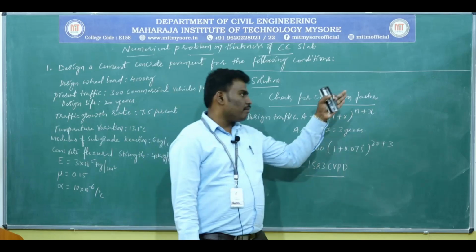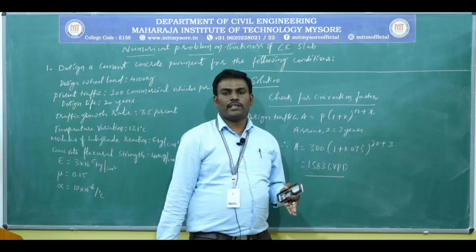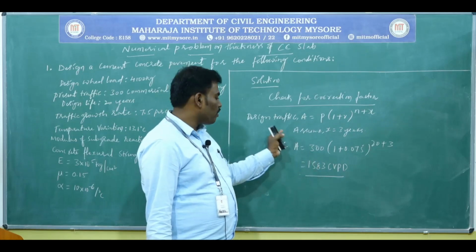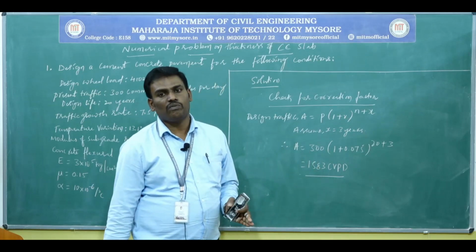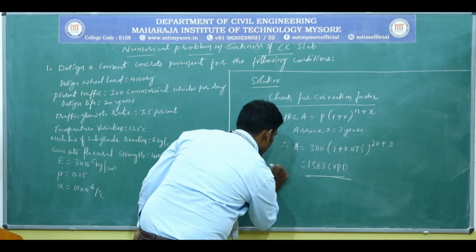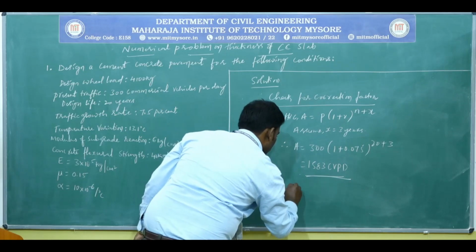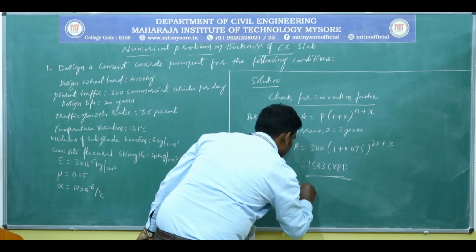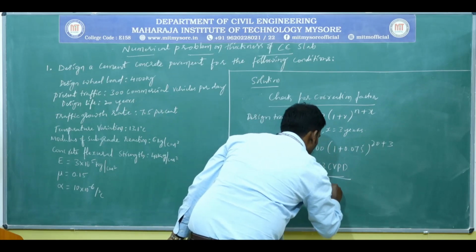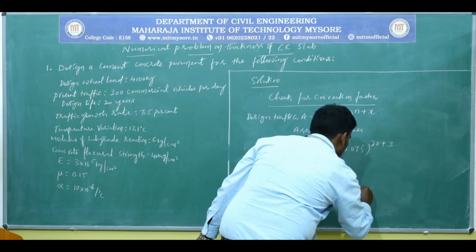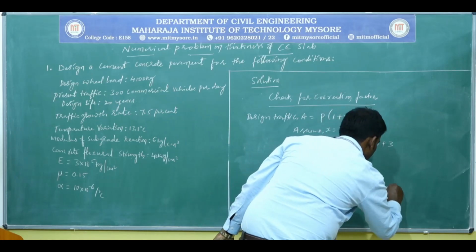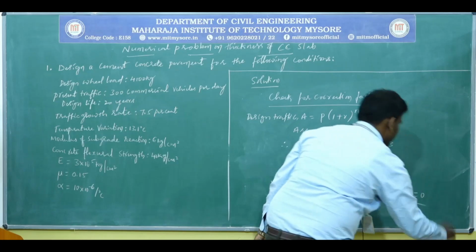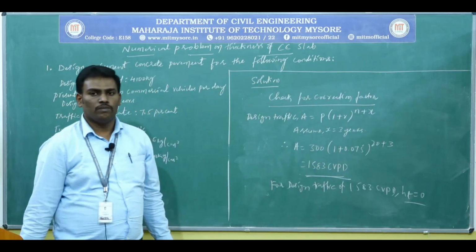So as per IRC recommendation, the correction factor for traffic which is from 450 to 4500 is 0. For the design traffic of 1583 CVPD, the correction factor is 0.